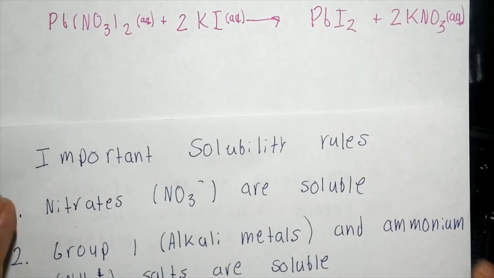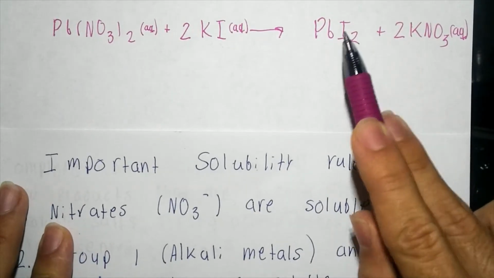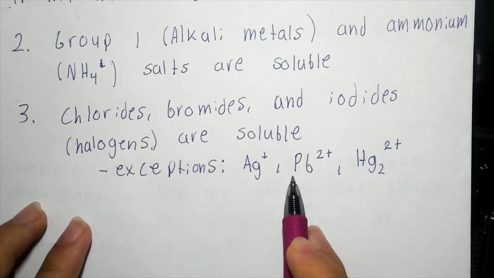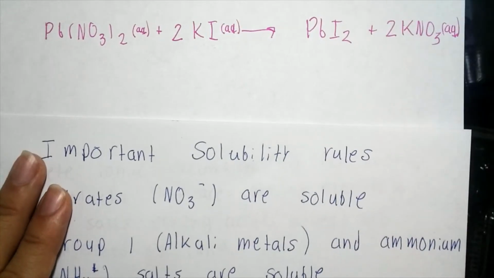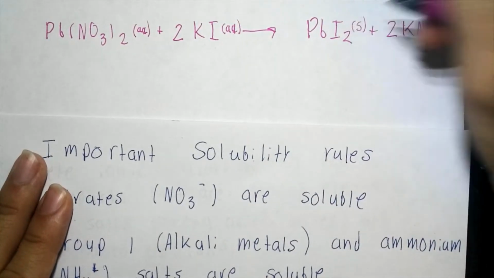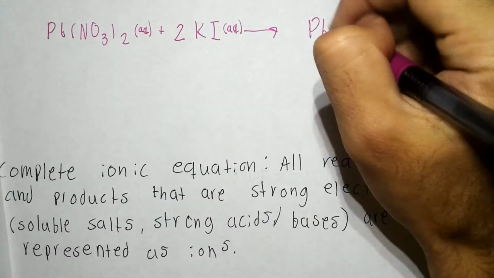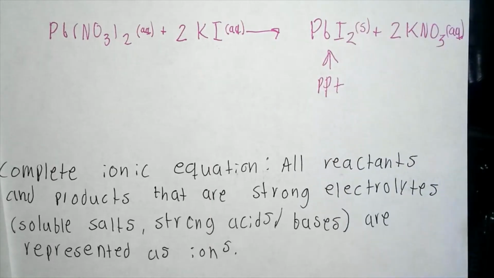So if we go to our very last one, we have lead 2 iodide. This would be soluble if iodide was not attached to lead. So that means that this is going to form something called a precipitate or an insoluble substance. It's not going to be soluble in water. So this is going to be known as our precipitate, which I'll abbreviate as PPT.